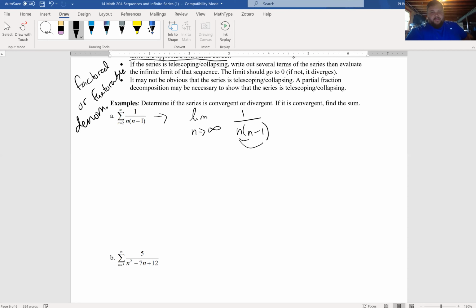It'd be n squared minus n, with some kind of weird infinity minus infinity thing going on. Regardless, we know that the bottom is continuing to grow and it's infinite. So this is approximately 1 over infinity, which we should know heads to 0. And it says here, the limit should go to 0. If not, it is divergent. So this tells us that it converges.